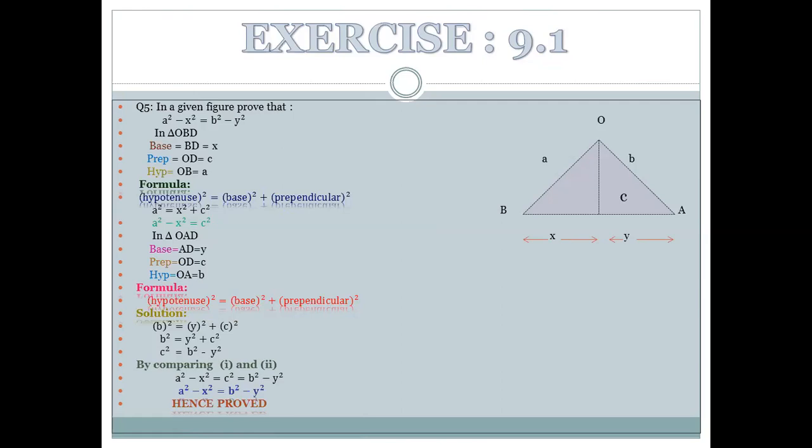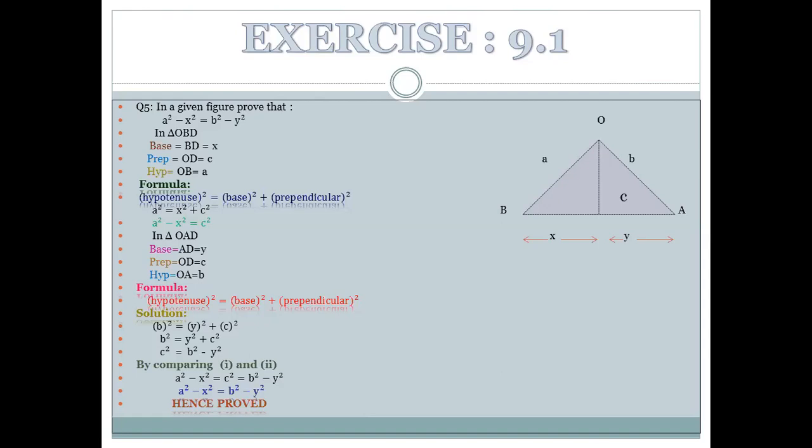Question 5. In the given figure, prove that. Now one triangle is given, and this is the shape of an oblique triangle. Oblique triangles are those triangles which are not right angle triangles. Acute or obtuse angle triangles are called oblique triangles.